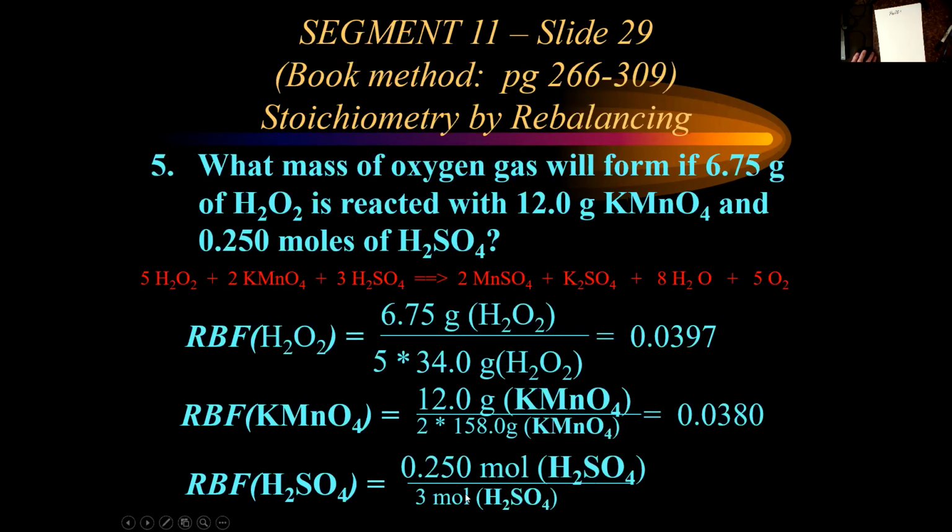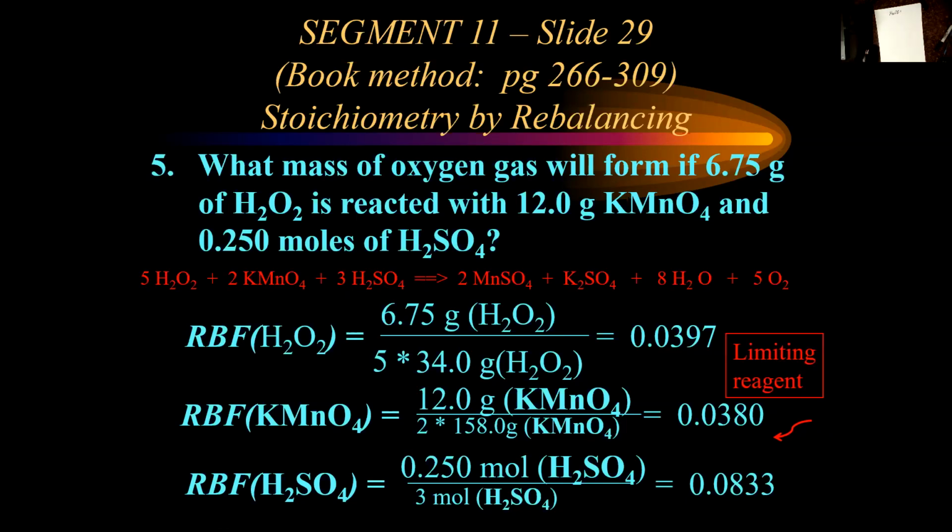If this is moles, you have to interpret the equation in moles. If this is grams, you have to interpret the equation in grams, and so forth. We do the math. There we got 0.0833. Oh, okay, this guy won already. So I've got my rebalancing factors. I know the one that's limiting everything.